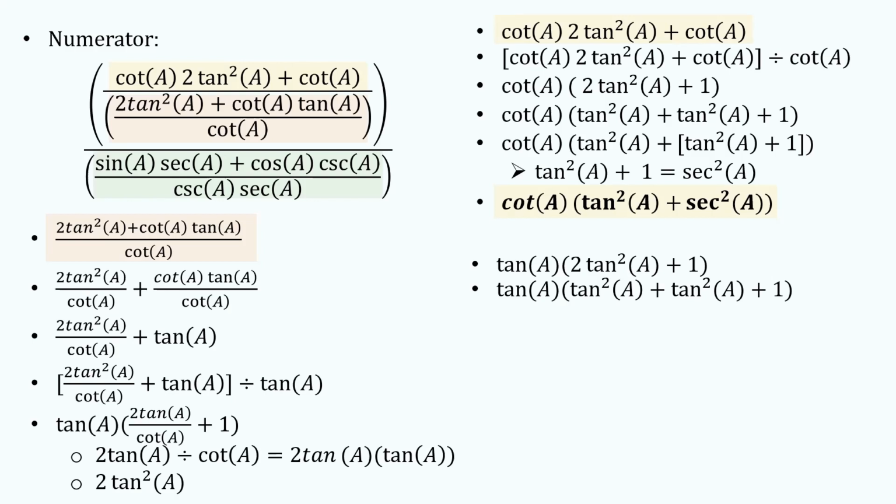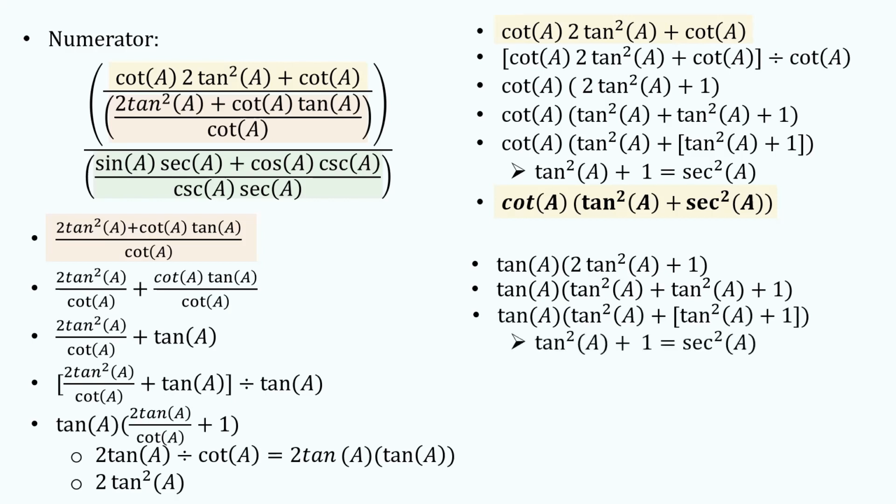We can still remember the Pythagorean identity of the square of tangent of A plus 1, which is equal to secant squared of A. Therefore, we can divide the expression isolating square of tangent of A plus 1 and make it the square of secant of A. Therefore, the simplified orange strip will result in the tangent of A times the square root of the tangent of A plus the square root of the secant of A.